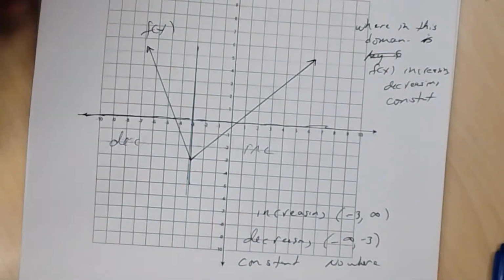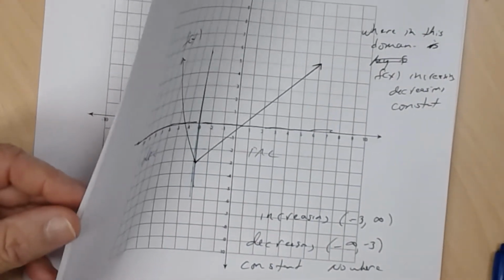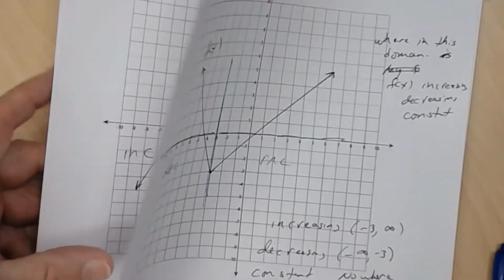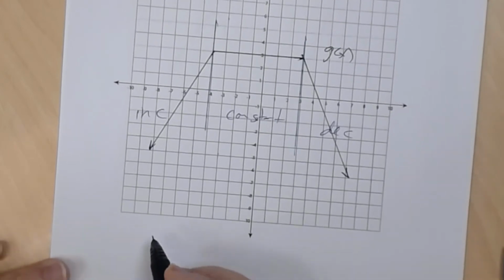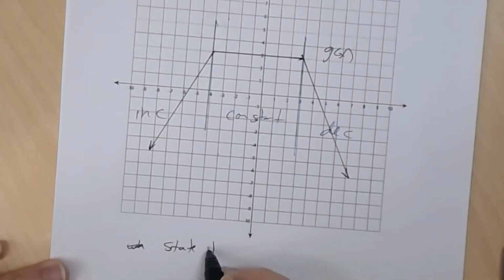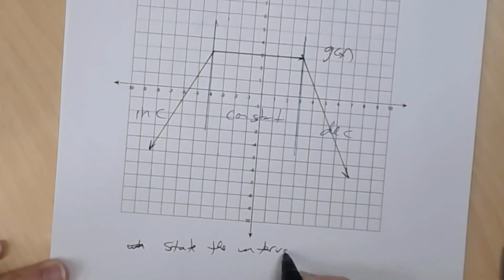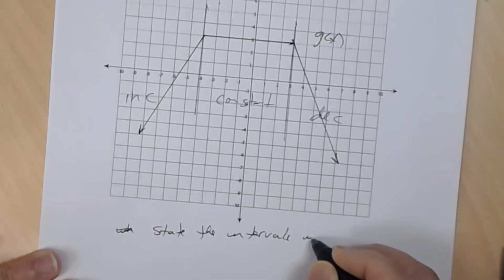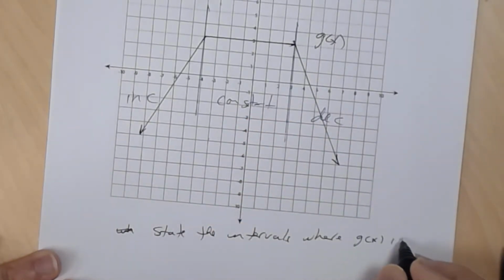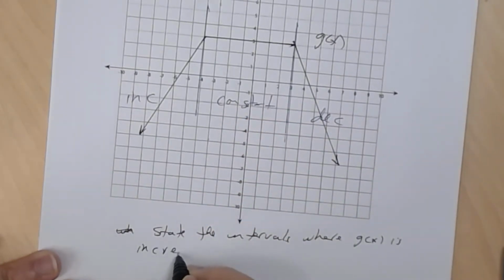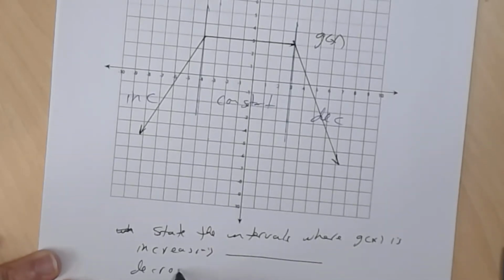So if you go back to what we're working on now, number 3. The question becomes this. It's going to say, state the intervals where, in this case, we call it g of x, g of x is increasing, decreasing, and constant.